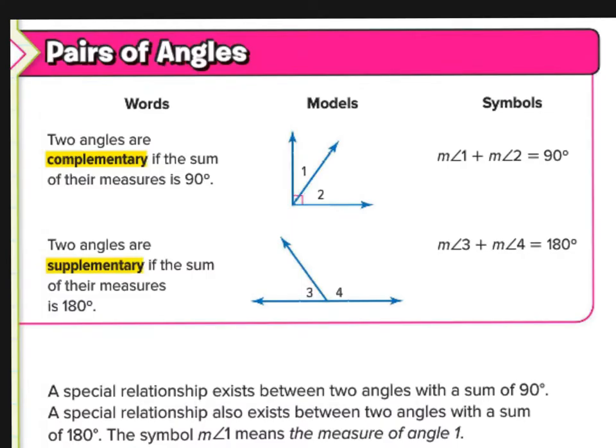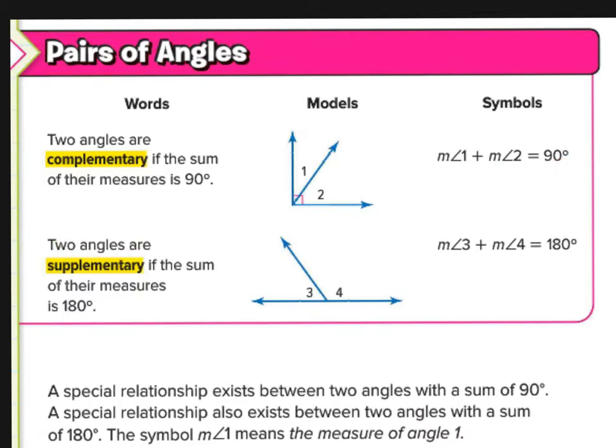So now let's learn what complementary and supplementary mean. Complementary. The two angles are complementary if the sum of their measures is 90 degrees. So they are called complementary. They complement each other if when put together they add up to be 90. And here we have, so you see angle 2 and angle 1, or measure of angle 1 plus measure of angle 2 equals 90 degrees.